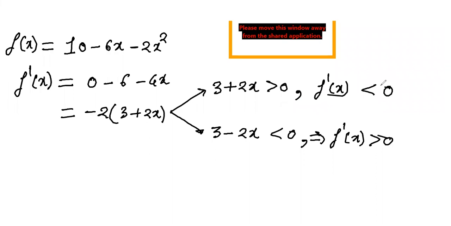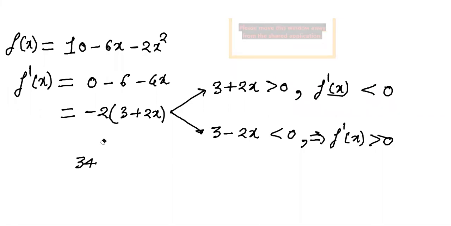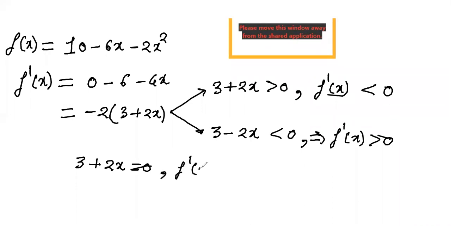Okay, and when 3 plus 2x is equal to 0, f dash x is also 0.